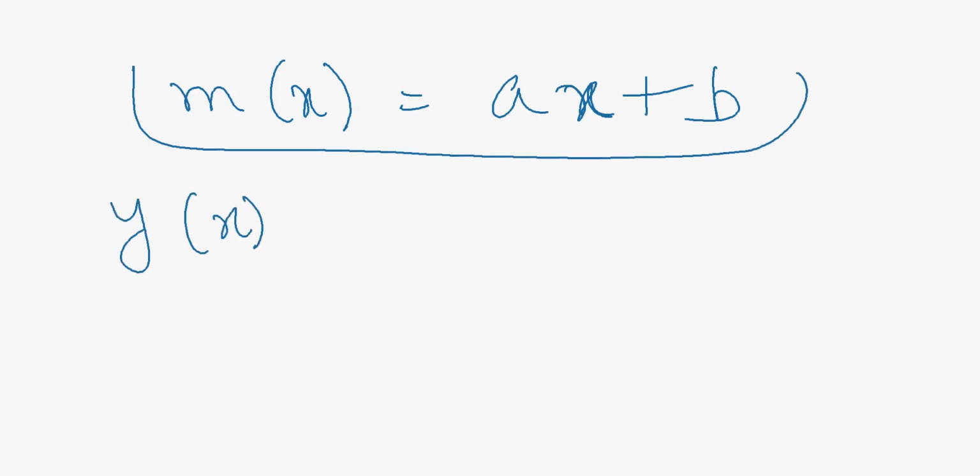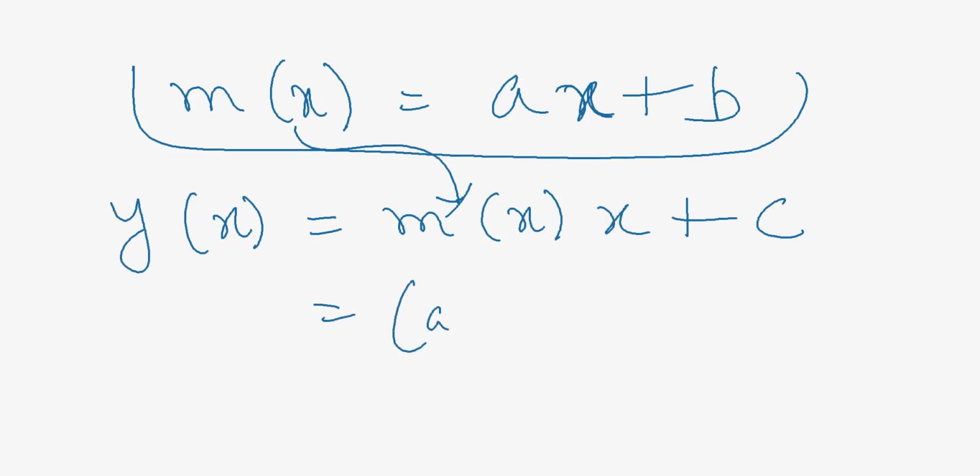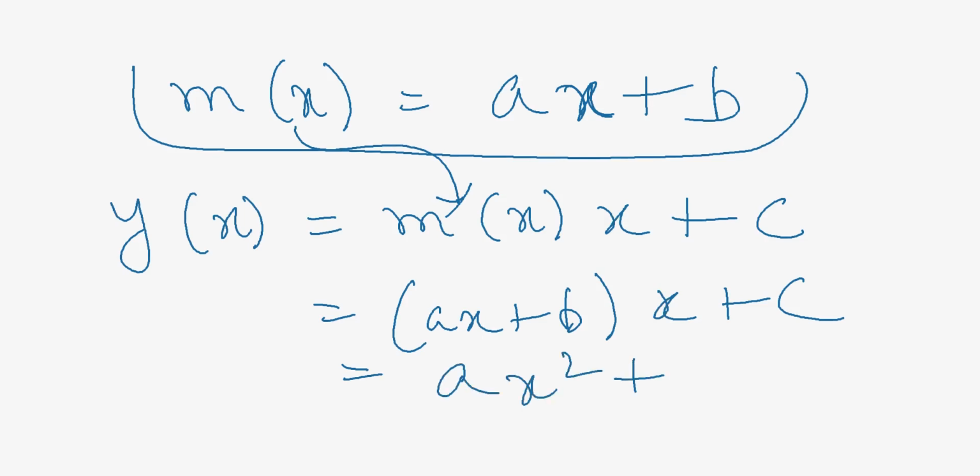Then go to the main function, that is our y, which is defined like that. Substitute this here. That will be (ax plus b) into x plus c. This will work like a parabola. Do you get that? ax squared plus bx plus c. You see, beautifully you get a quadratic equation.